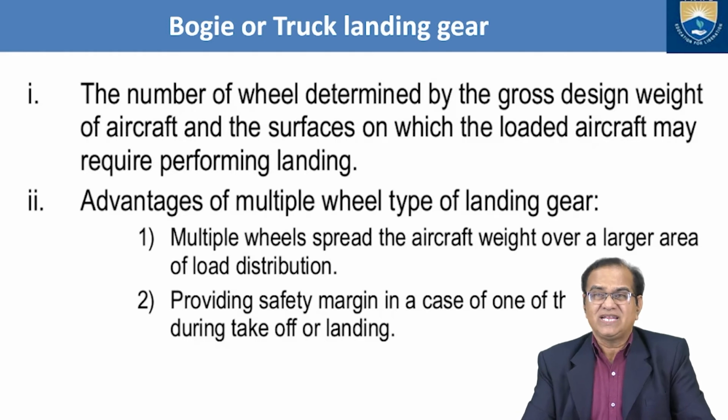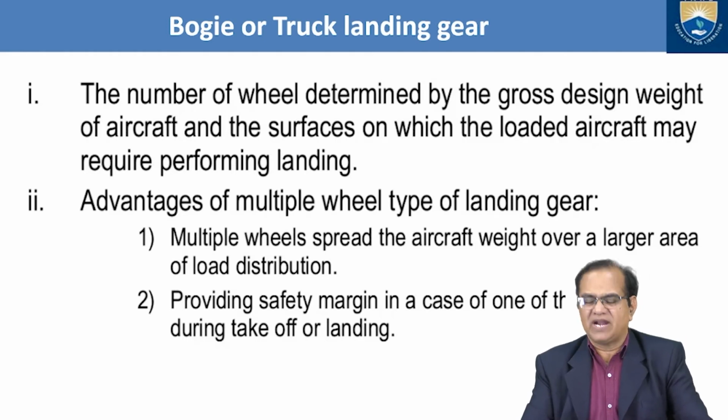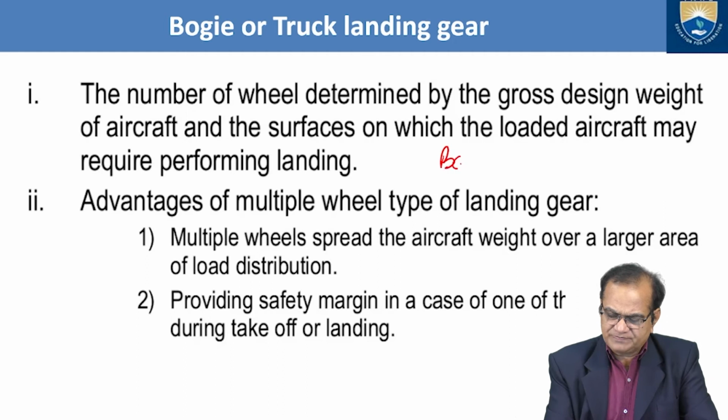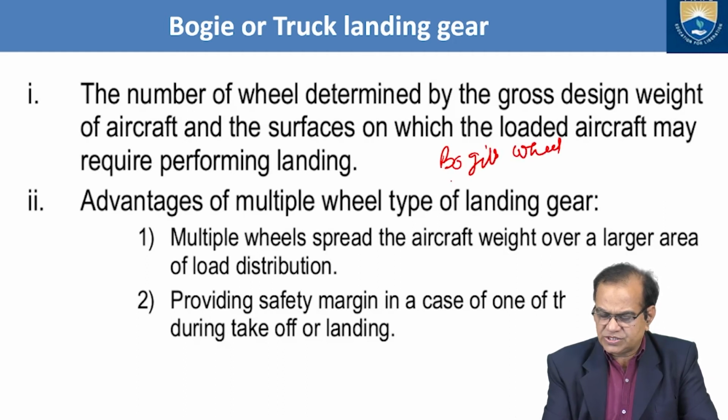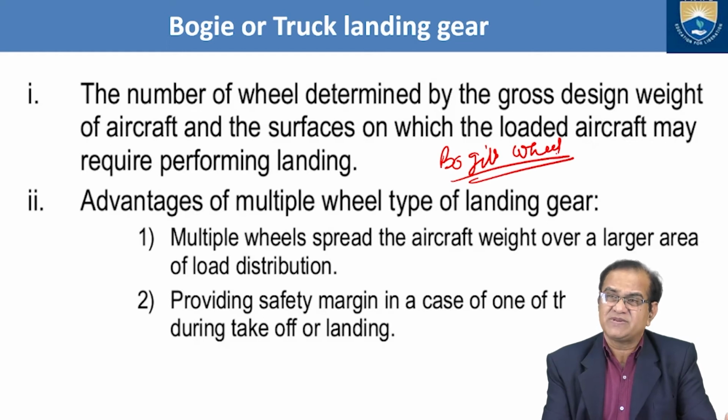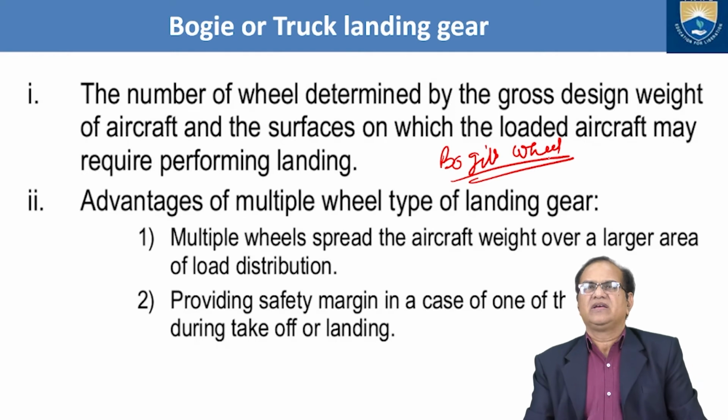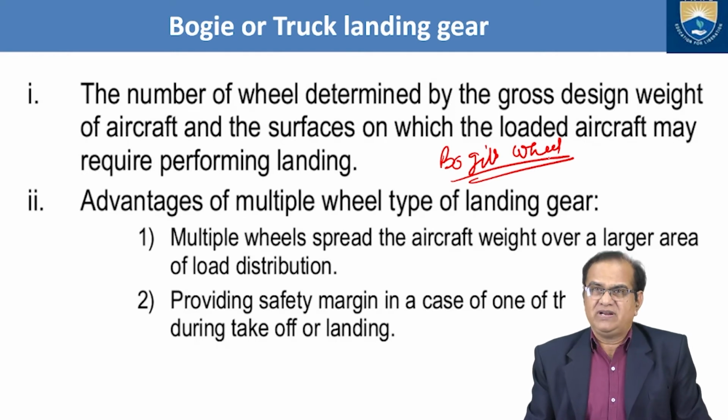So, advantages of the multiple wheel type of landing gear, like the bogie wheel we use in many aircraft, especially the bigger aircraft. So, what are the advantages of this type of wheel? Number one, multiple wheels spread the aircraft weight over a larger area of load distribution.